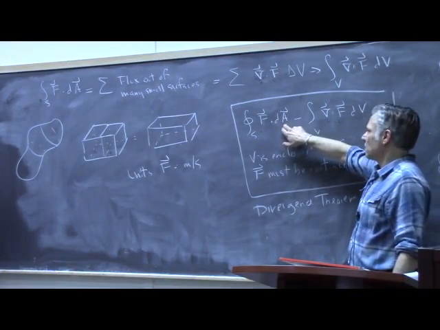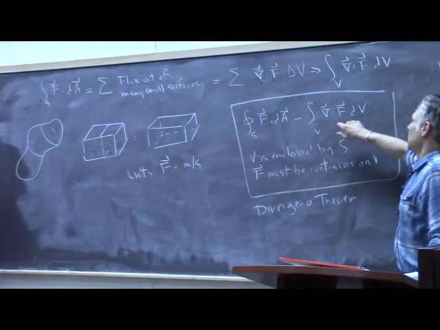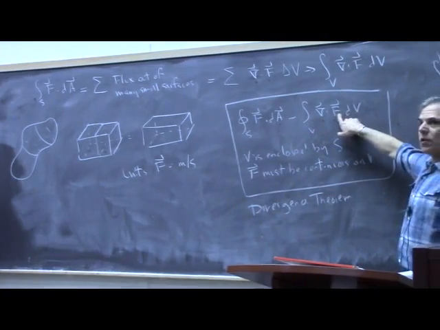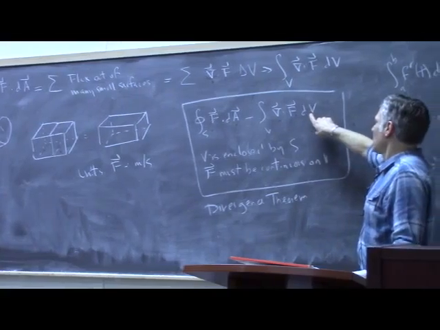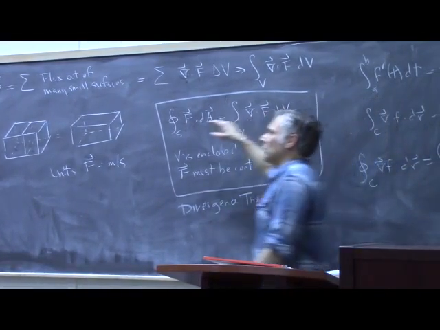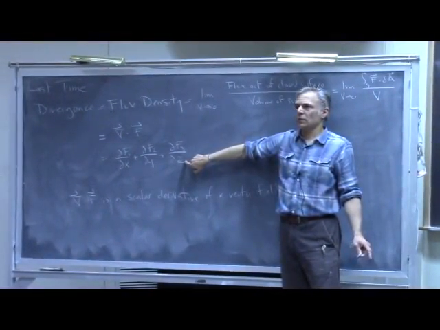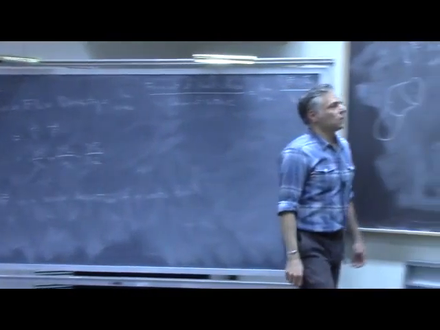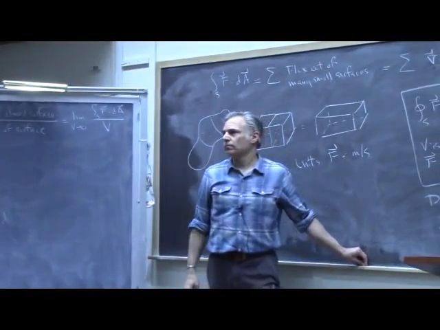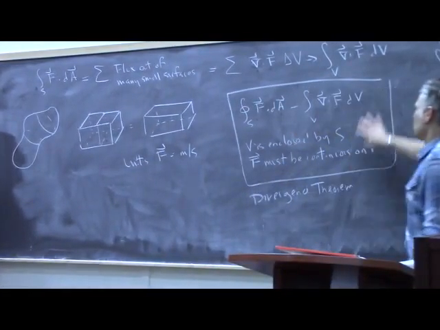That's going to be meters cubed per second. This is meters per second. This is meters cubed. But when we take a derivative, we're dividing by meters. So both of these end up with meters cubed per second. So if you like thinking about units, this violates no laws of units.